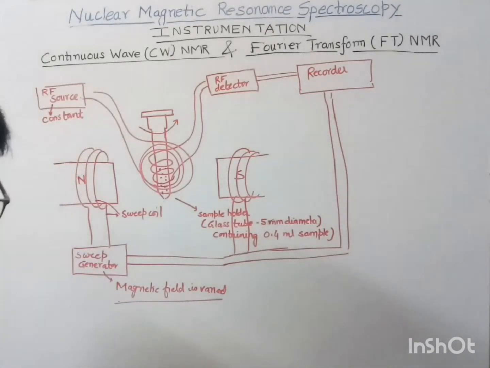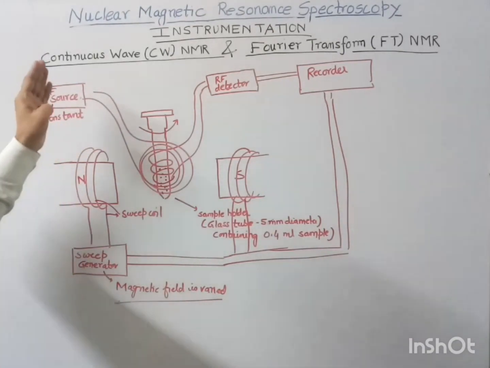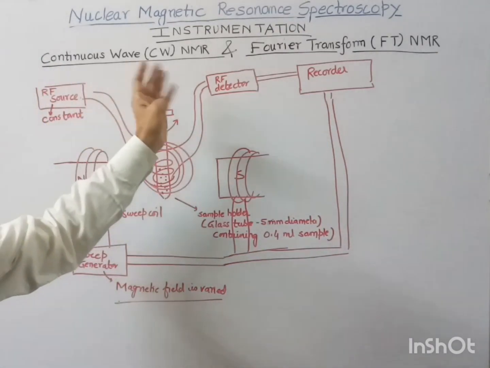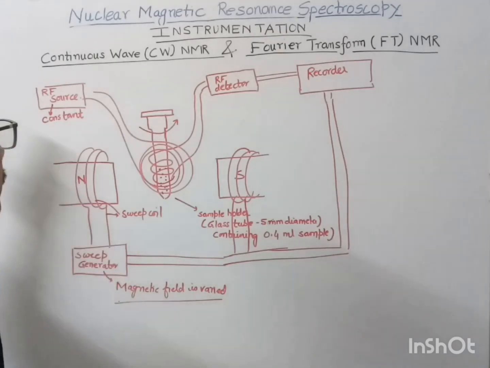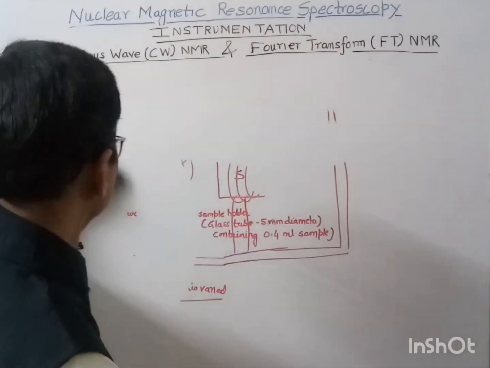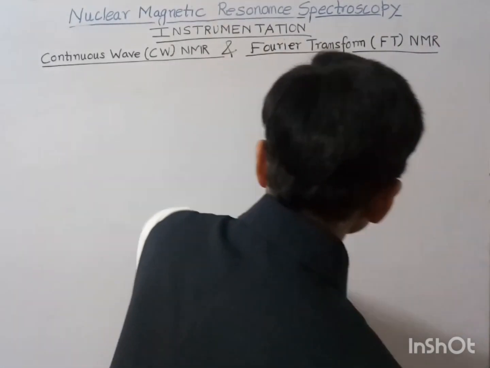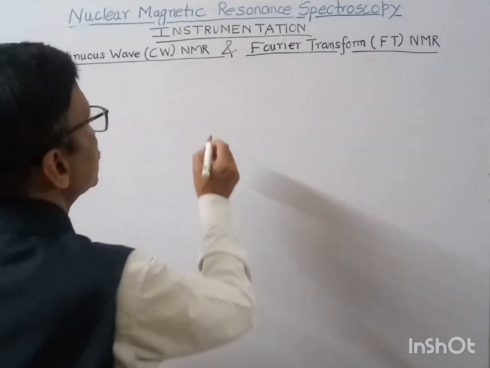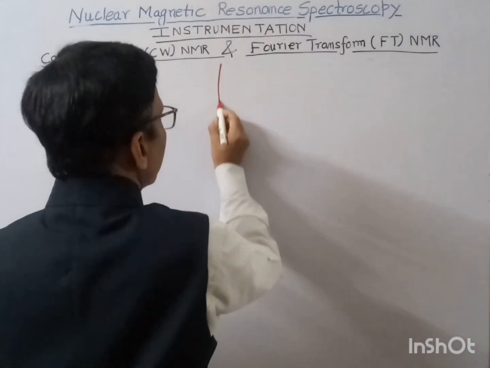Now let us discuss the difference between the two types of spectrophotometer. One is continuous wave and another is Fourier transform NMR. So let us differentiate these two types of NMR.